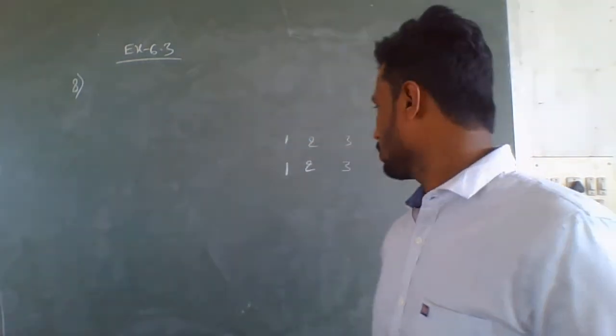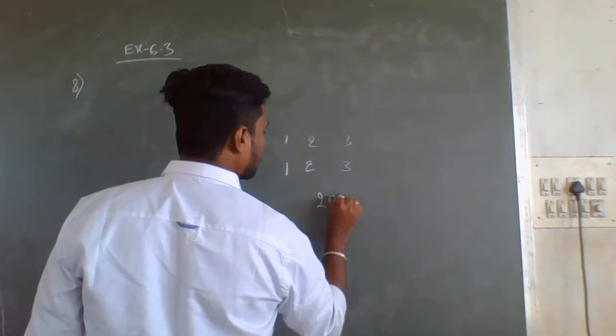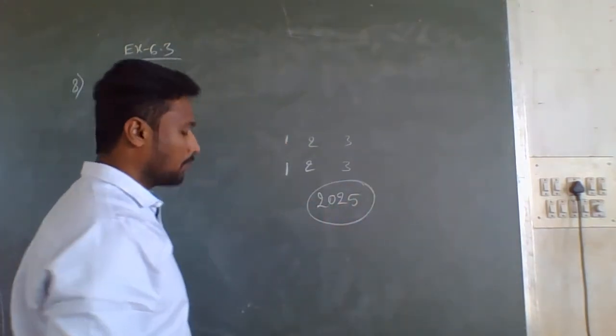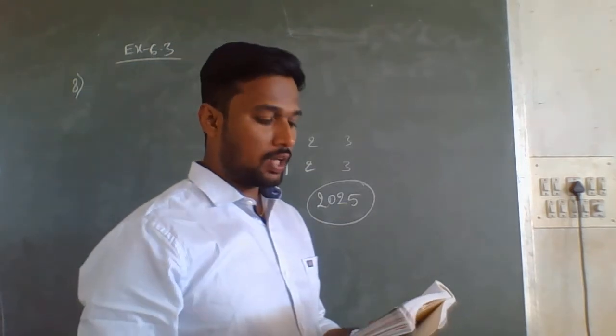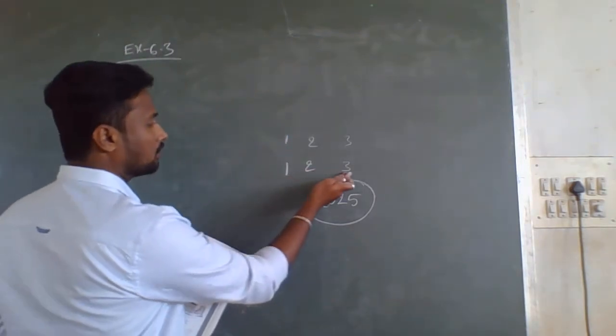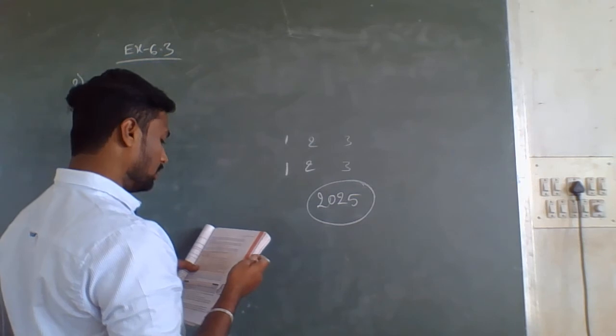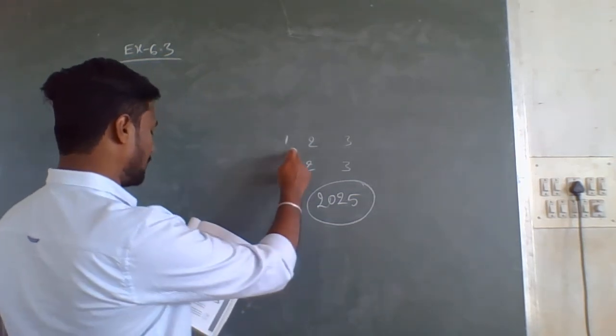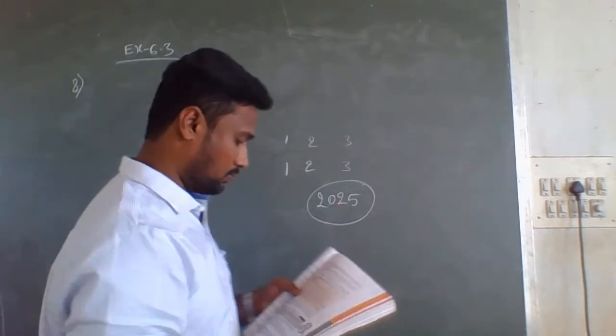They are planting 2025 plants, in such a way that each row should contain as many plants as the number of rows.